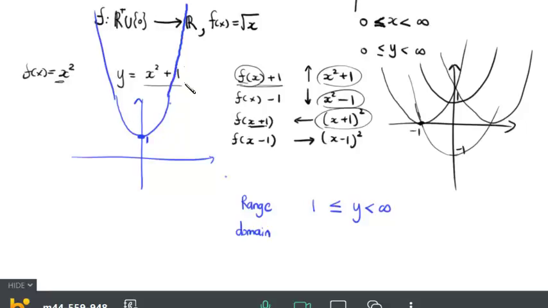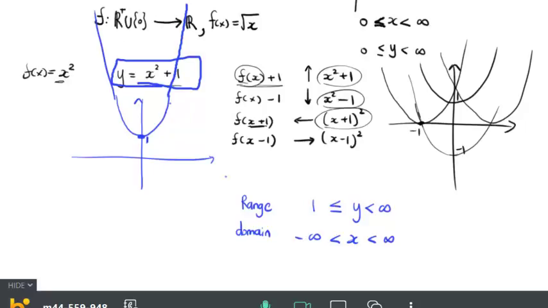So look at this graph. Is there any value of x that is not allowed? This is the original graph, original function. Is there any number that x cannot be? The answer is none. So x goes from negative infinity to infinity. That's the domain for this one.